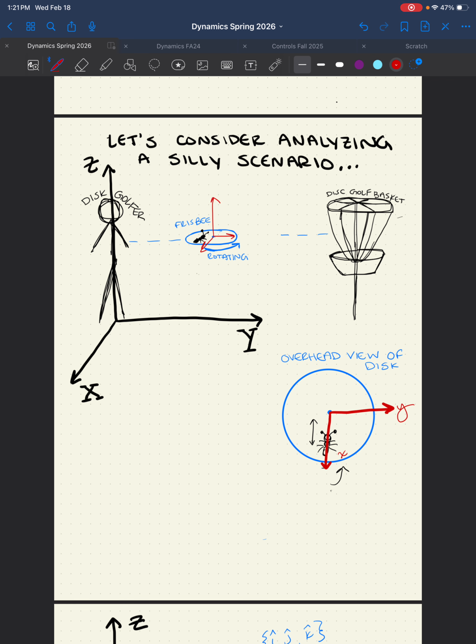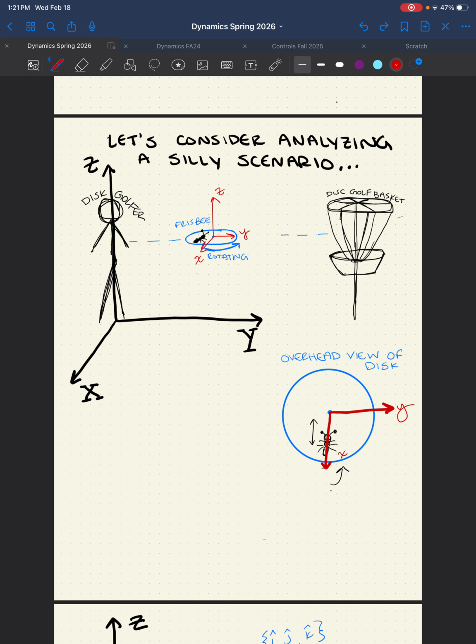And this red frame is going to move with the Frisbee. It's fixed to the Frisbee. So this little red frame is going to translate and rotate exactly the same as the Frisbee. All right. So notice that I've written these little x, little y, little z. I've written them kind of curly and little, and that's to indicate that these are lowercase letters.